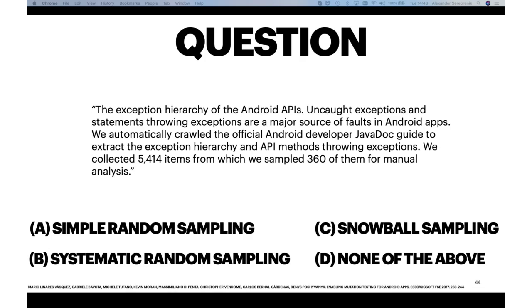So I understand people who say none of the above, but in a way, you kind of would trust the authors to perform simple random sampling. But this is, as you see, the difficult part, right?